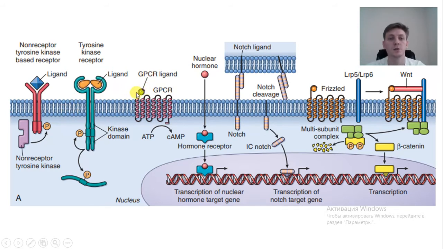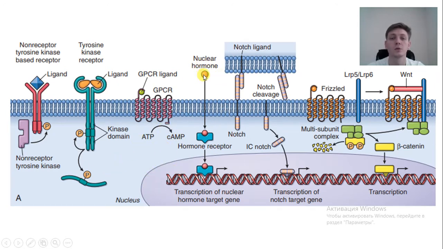Now we have some receptors which activate the cAMP pathway. I told you before, cAMP is cyclic adenosine monophosphate. So ATP is converted to cAMP, and it also causes a lot of changes inside the cytoplasm.